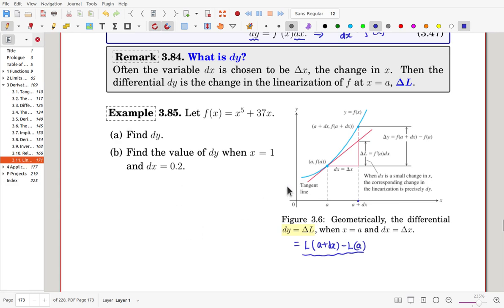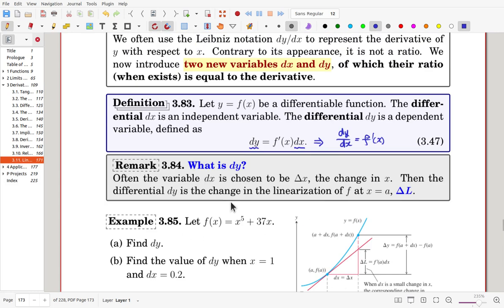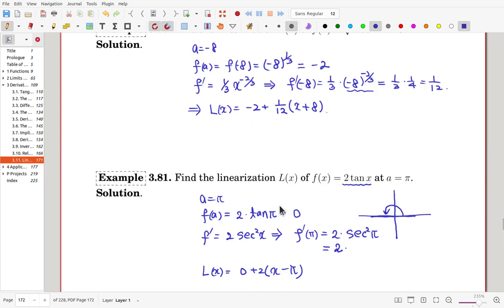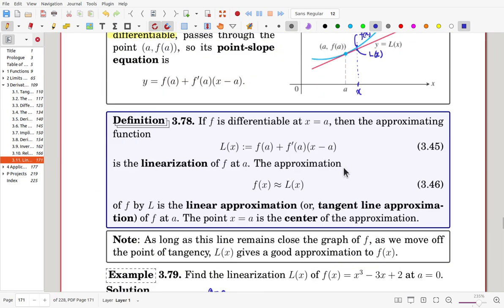So we are using the term differentials. However, that is a related concept from linear approximation. If we go back to the linearization, we can see it in this way. We can rewrite it as L of x minus f of a, which is the same as f prime at a times x minus a.